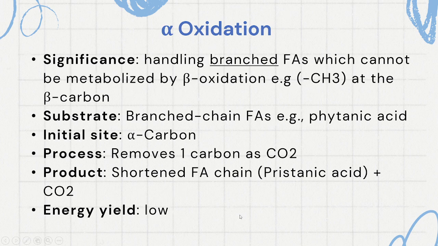The second type of oxidation, alpha oxidation, is for branched chain fatty acids such as phytanic acid. Alpha oxidation helps in handling the branched fatty acids which cannot be metabolized by beta oxidation, because having a methyl group at the beta carbon blocks beta oxidation.